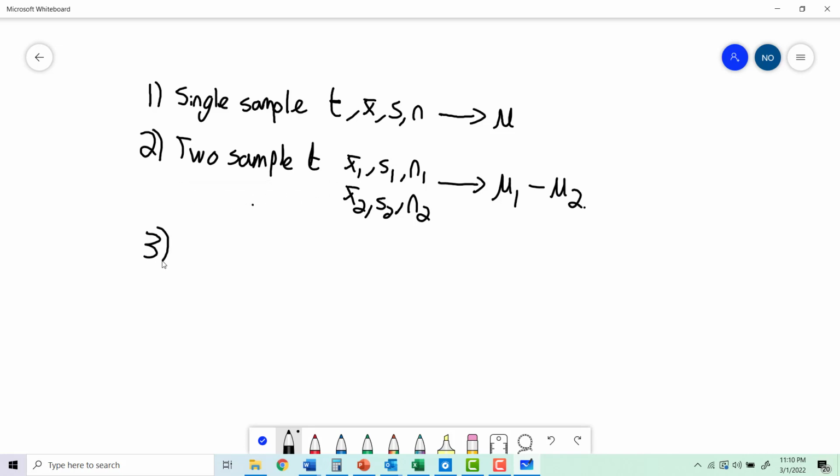Then we're going to look at a single sample test of proportions. And this is a z-test. Here we have x, the number of successes.